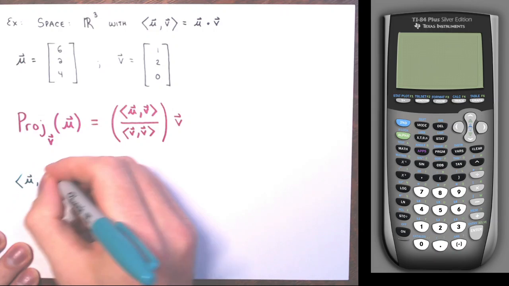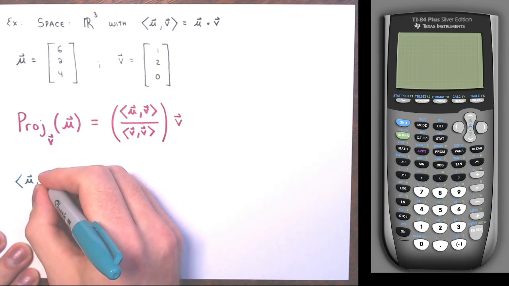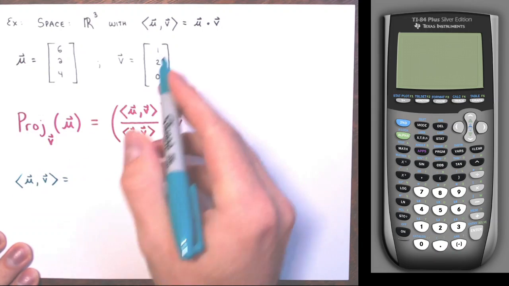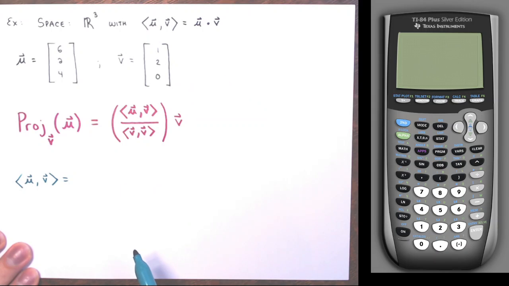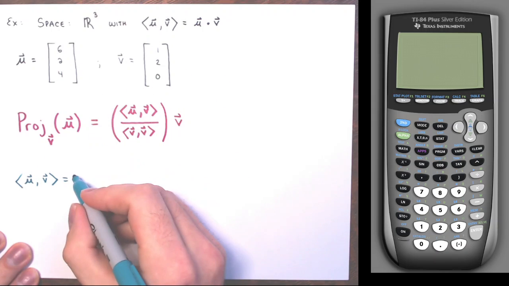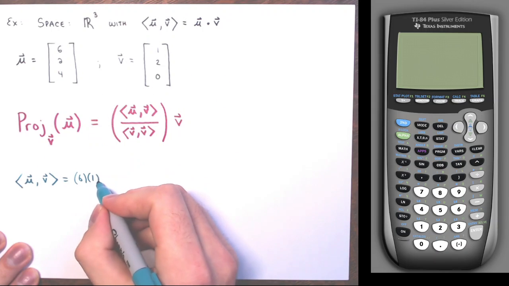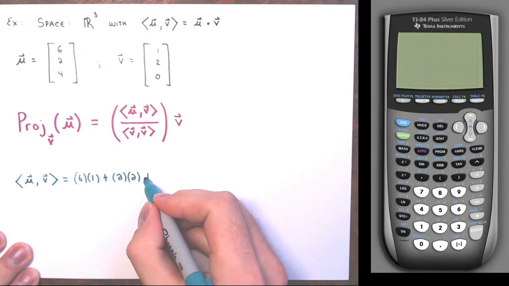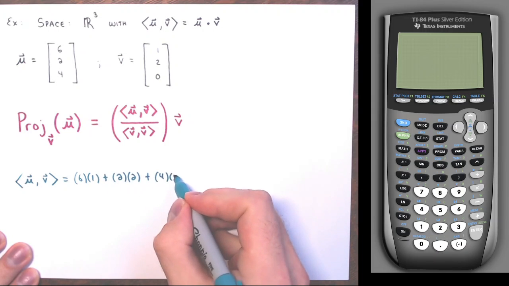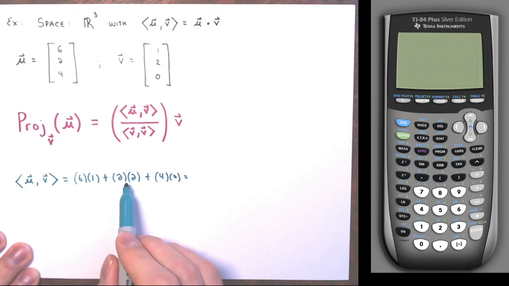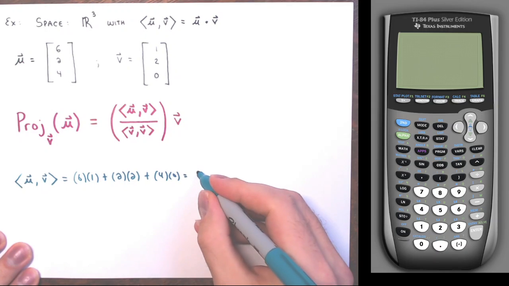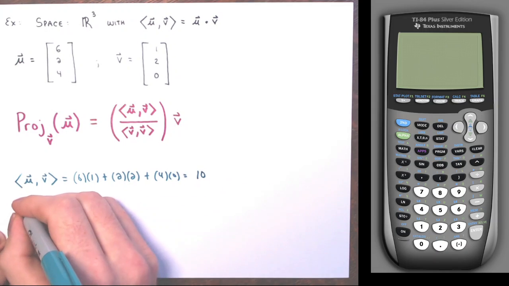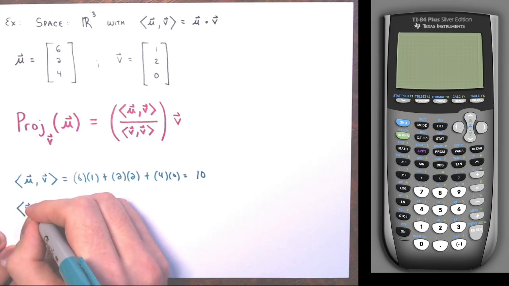So what's the numerator of this scalar? The inner product of u with v. Again, this is just the dot product this time. So it'd be 6 times 1 plus 2 times 2 plus 4 times 0. So 6 plus 4 plus 0, 10. And then what's the inner product of v with v?